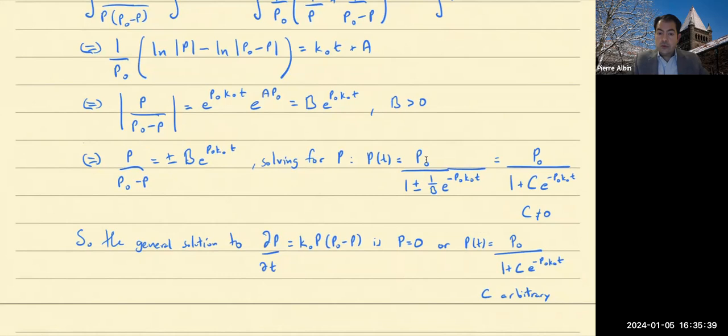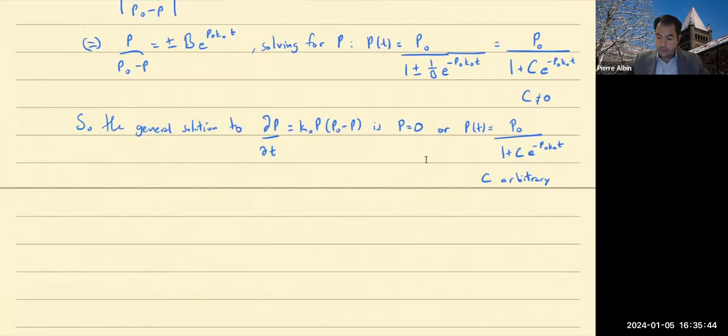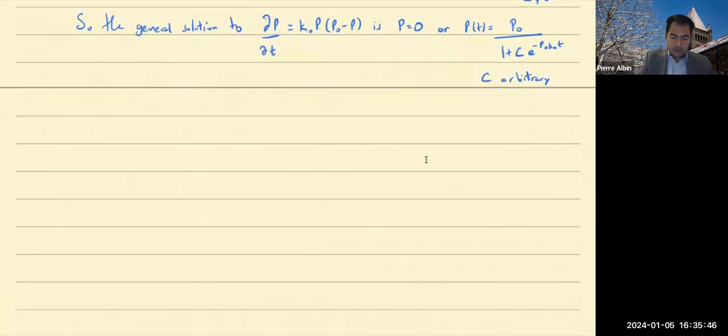Okay, let's do one final example. Let's consider the equation dy by dt equals y to the 1/3. And let's give ourselves the initial condition, y of 0 equals 0. Okay, so this is a separable equation, and we want to divide both sides of the equation by y to the 1/3.